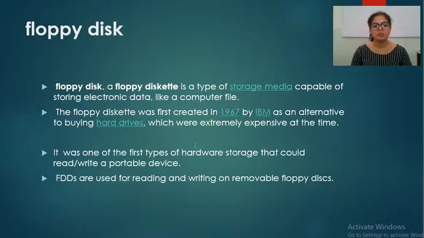So the floppy disk was one of the media used in the earlier days. It was one of the first types of hardware storage that could read and write as a portable device. Floppy disks are used for reading or writing on removable floppy disk. It means we can read and write data on the floppy disk.